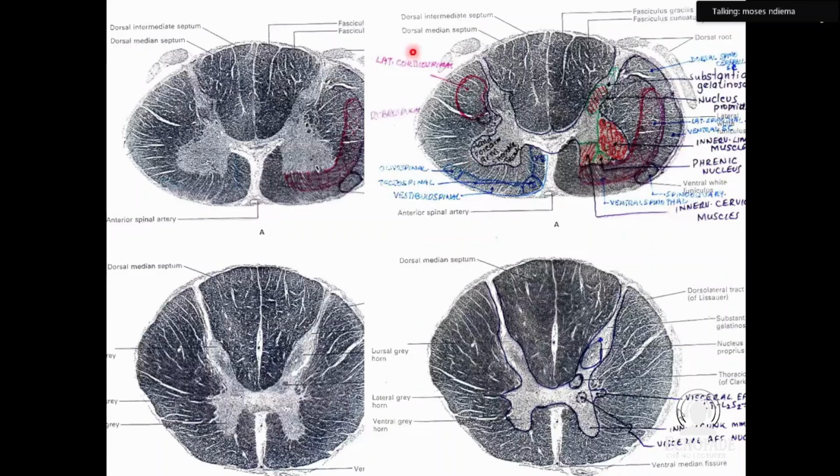Remember, within the medulla oblongata, within the brainstem, we still have these corticospinal tracts.